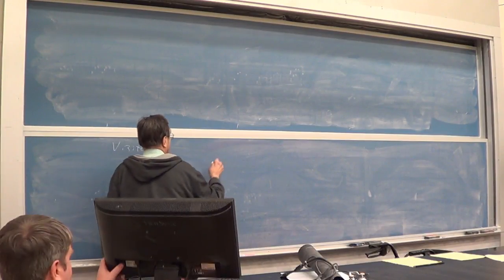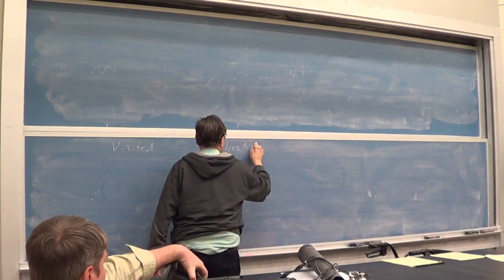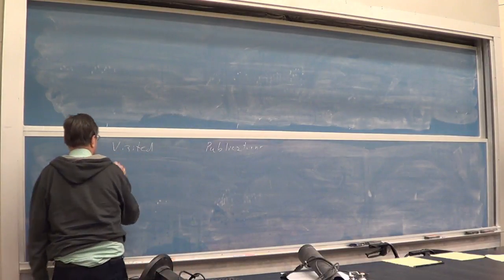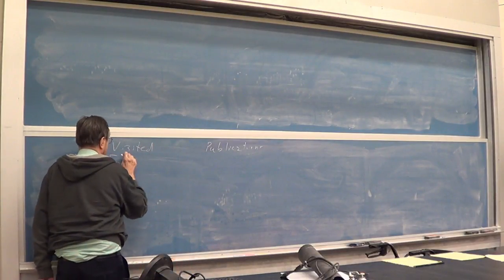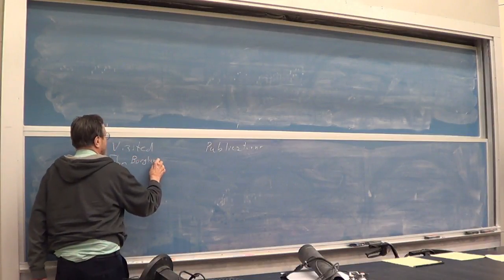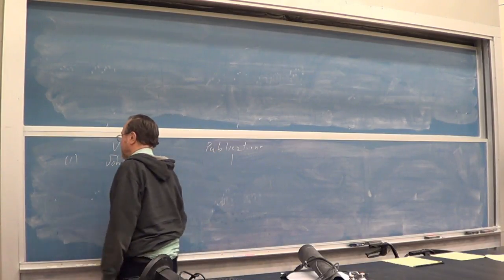What I did is did some travel. So the first thing I did was I visited John Bergman for a week down in Richmond, and it resulted in one publication.